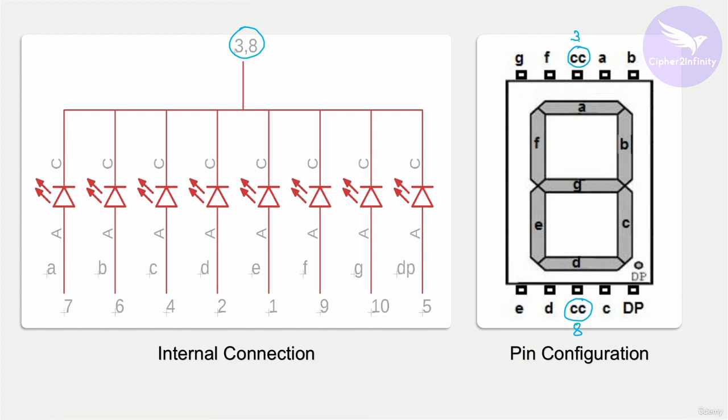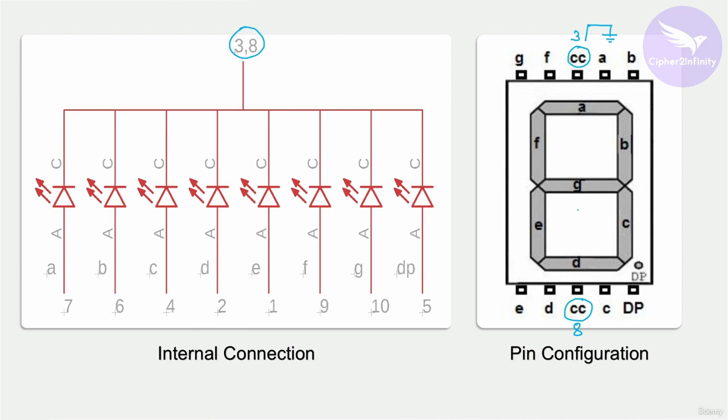Which means that these 2 pins, 3 and 8, should be connected to the ground. So we need to connect this cathode side to the ground. Then whichever LED you want to switch on, you just have to provide plus 5 volts to that particular LED, or you need to connect VCC to that particular pin of the 7-segment display.